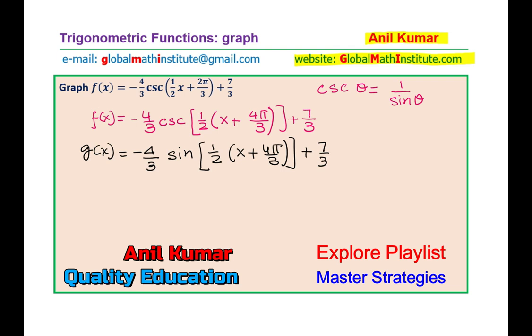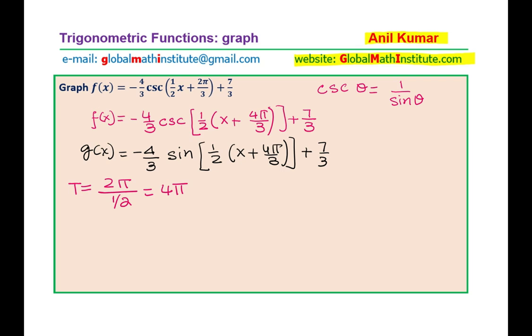Great. So remember one thing, what is the period? The time period T will be equal to 2 pi divided by half, so the time period is 4 pi for this particular case. And what is the amplitude? Amplitude is equal to 4 over 3.